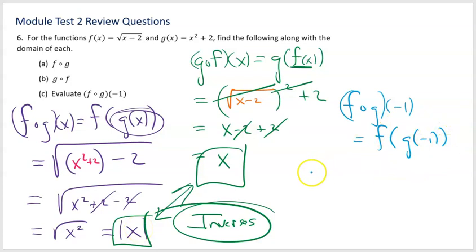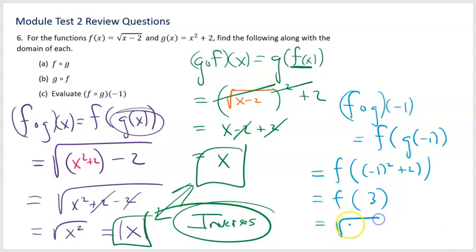So this is going to give me F of, now what's G of negative 1? Well, I'll take negative 1 and plug it into my G function. It's negative 1 squared plus 2, right? So that's F of, now negative 1 squared is 1 plus 2 is 3. And then F of 3 is going to be the square root of 3 minus 2. And then 3 minus 2 is the square root of 1, which gives me 1.